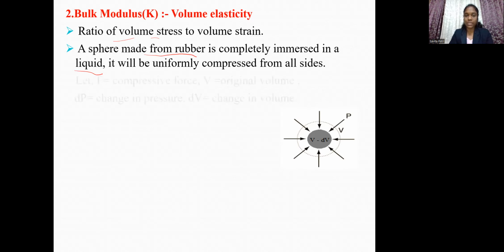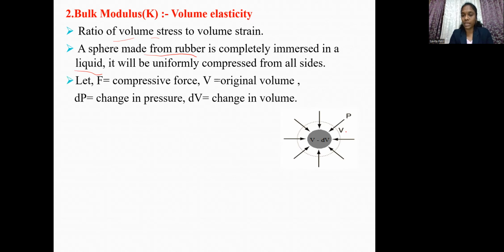Let here V be the original volume of the sphere.